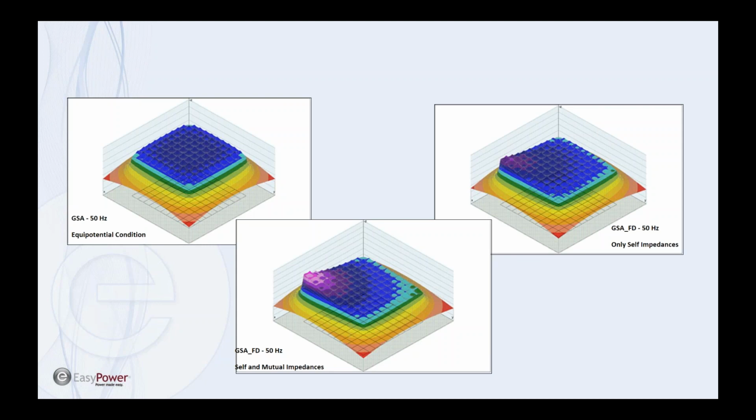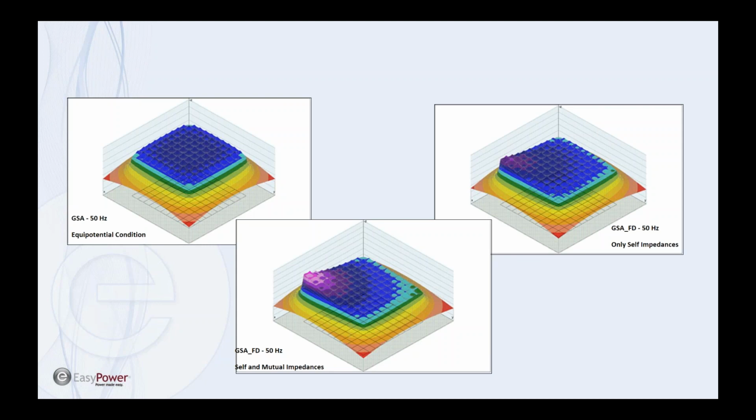If you step to the far right, where we are modeling only self-impedances, the left side of the grid, likely where the fault is, has a higher GPR, and as you get farther away from the fault point, the impedance of the conductors has the effect of reducing the ground potential rise farther away.